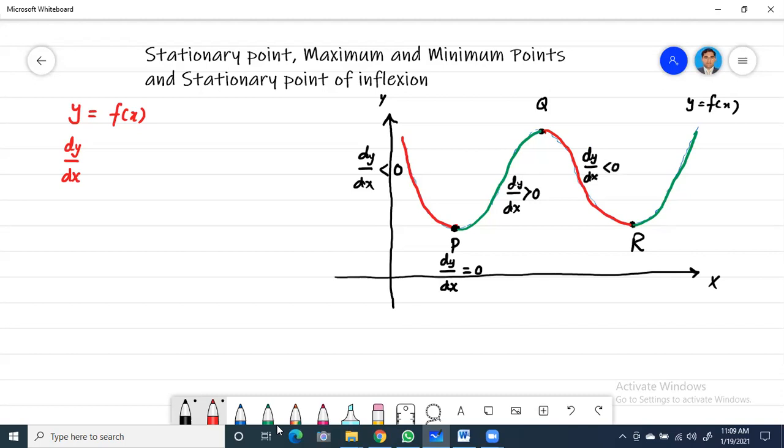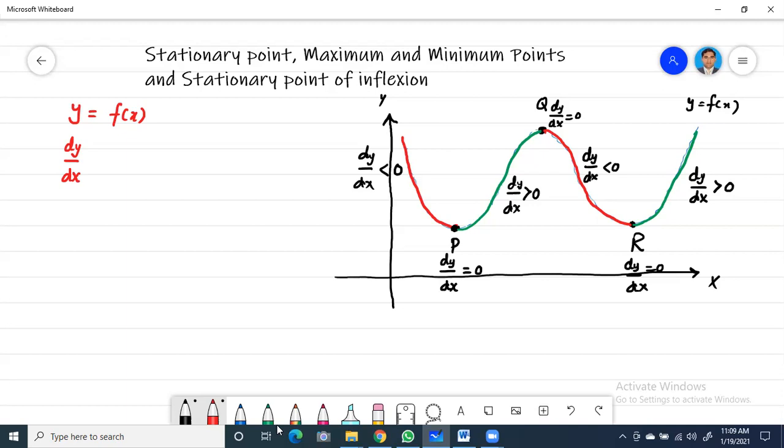At point Q, again the gradient will be 0 at this turning point. And at R, again the gradient will be 0. dy by dx will be 0. The rate of change is 0. Then after that, at this green portion, again dy by dx, meaning the first derivative, will be positive.